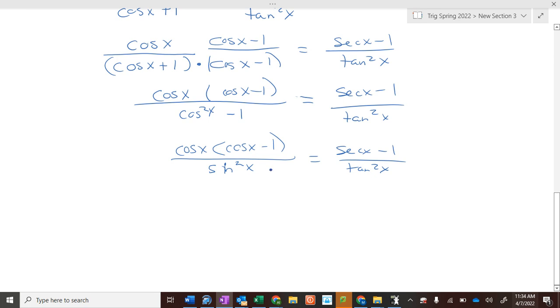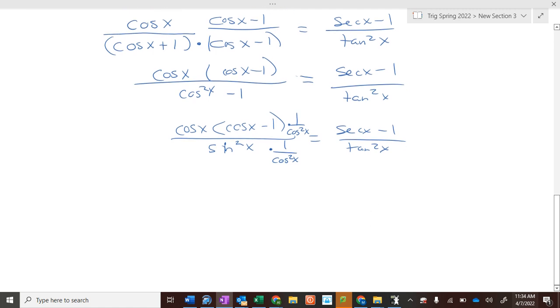So what if I multiplied this by 1 over cosine squared? What would I have to do on top? Same thing, 1 over cosine squared. So, you'll see where it's going here in a second. A cosine on the top cancels with that cosine. So I have cosine of x minus 1 times 1 over cosine on the top.